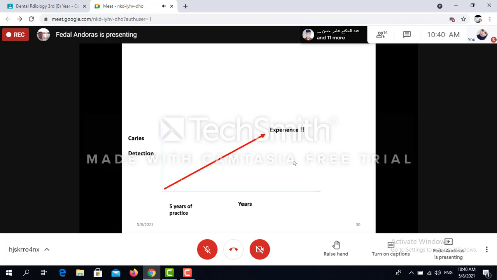So most of these will be arrested caries. It will be caries, but it will be stopped, not going further.